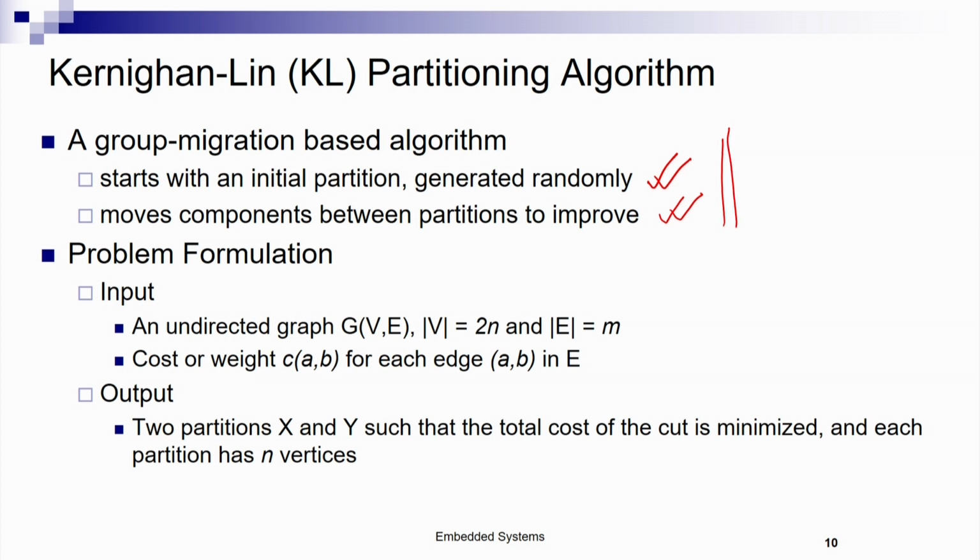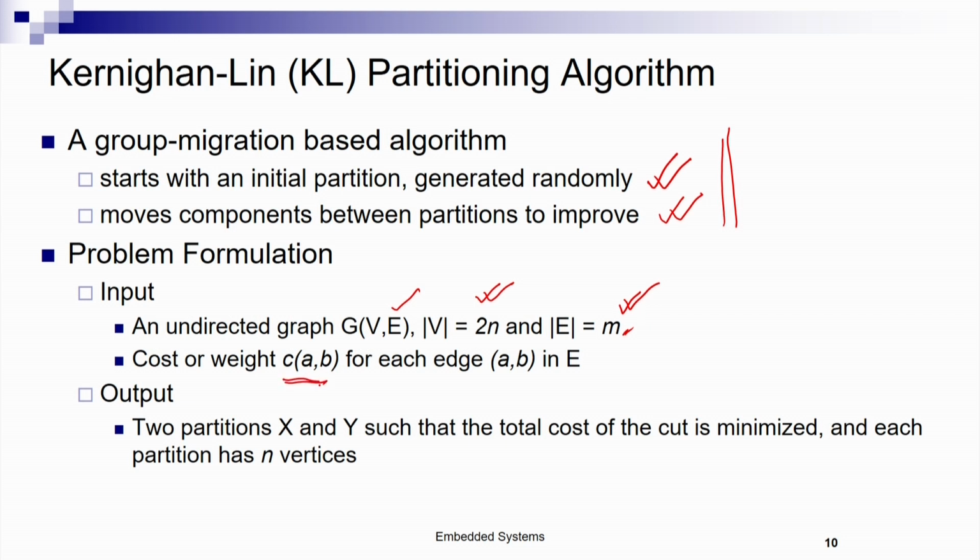Now, the input is provided in the form of a graph, where V is a set of nodes, modules, 2n in number, and E is the set of edges, and the number of edges equals m.